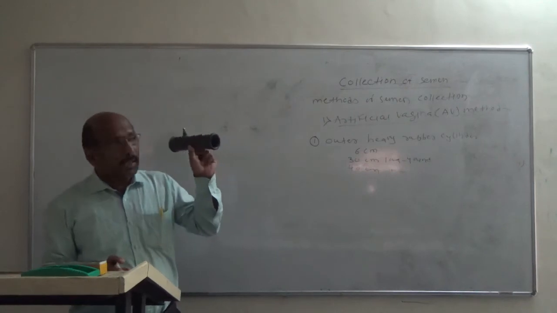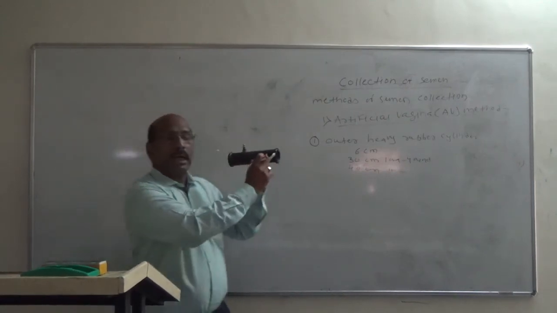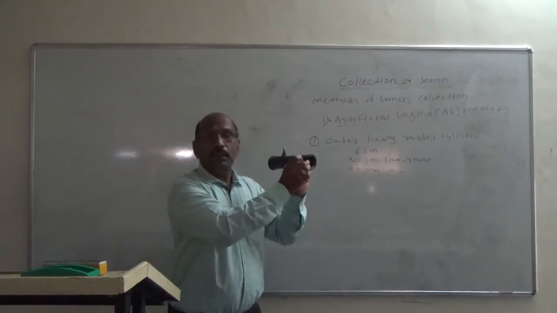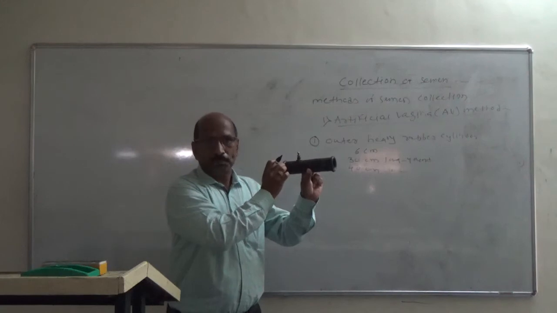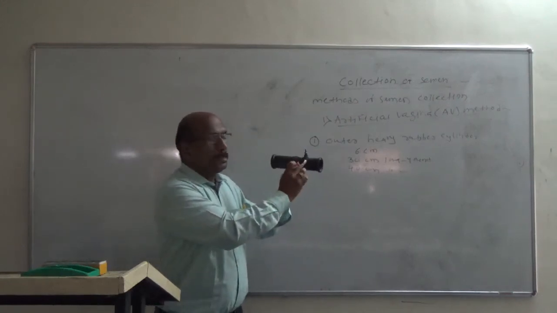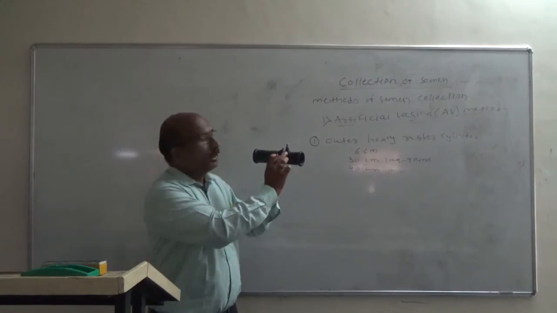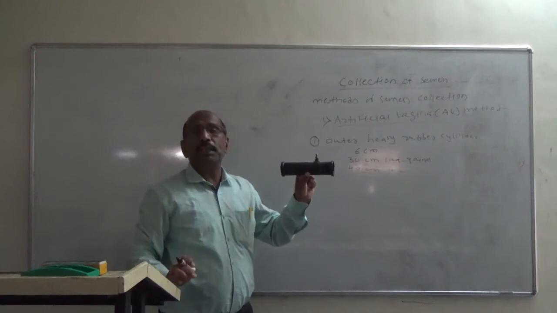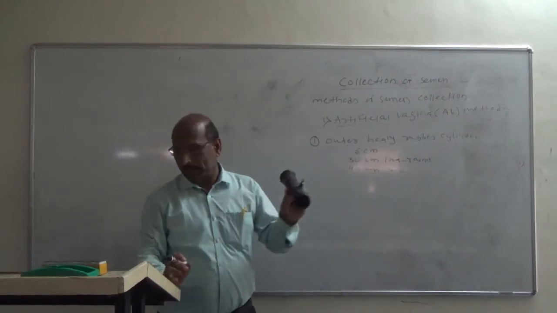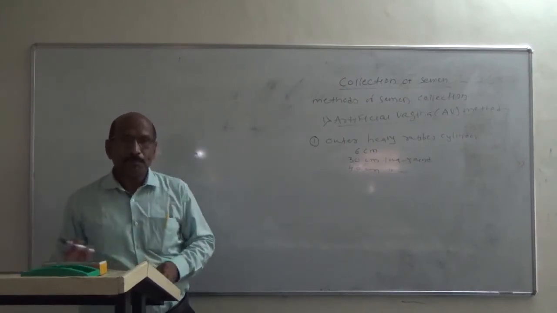Both ends of the outer heavy rubber cylinder have rims. About 5 centimeters from one end, there is the provision of a water and air inlet.